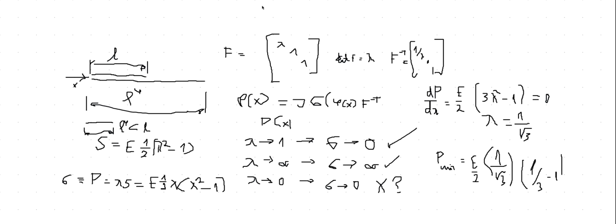So basically you can have a stress strain diagram, which looks like this. Here's your lambda. Here's your sigma, which is the same as the value of P. So at lambda equal to 1, you have 0, and that one goes to infinity. The proper behavior should have been that this goes to minus infinity, but instead, at the value which is equal to 1 over square root of 3, you have an inflection point, and this one turns into a minimum and then goes down to 0.